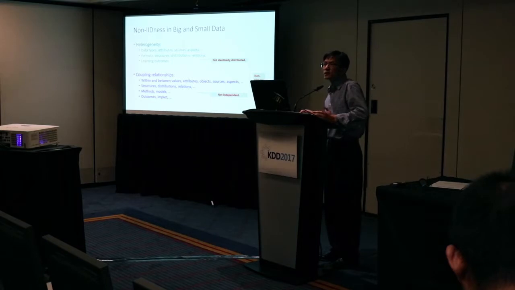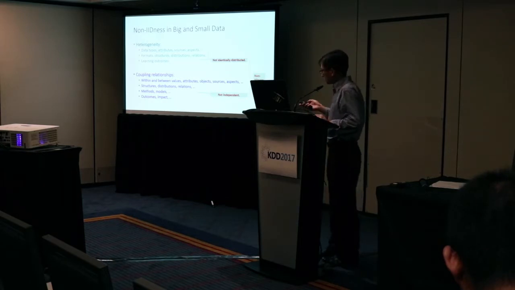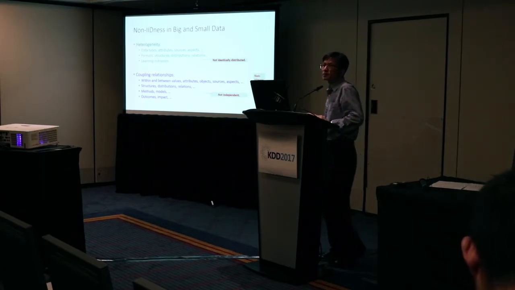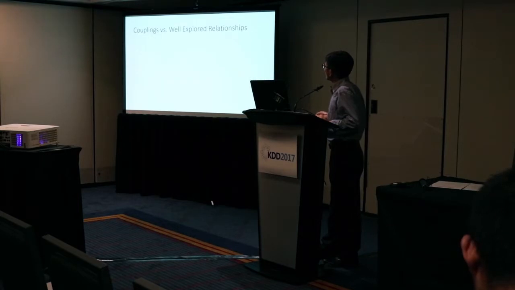And this actually exists in small data as well as big data. Even in very small data there is this issue, which could be quite serious sometimes, and we cannot ignore it. But for big data, it's not just volume, right? So simply, it's non-IID.